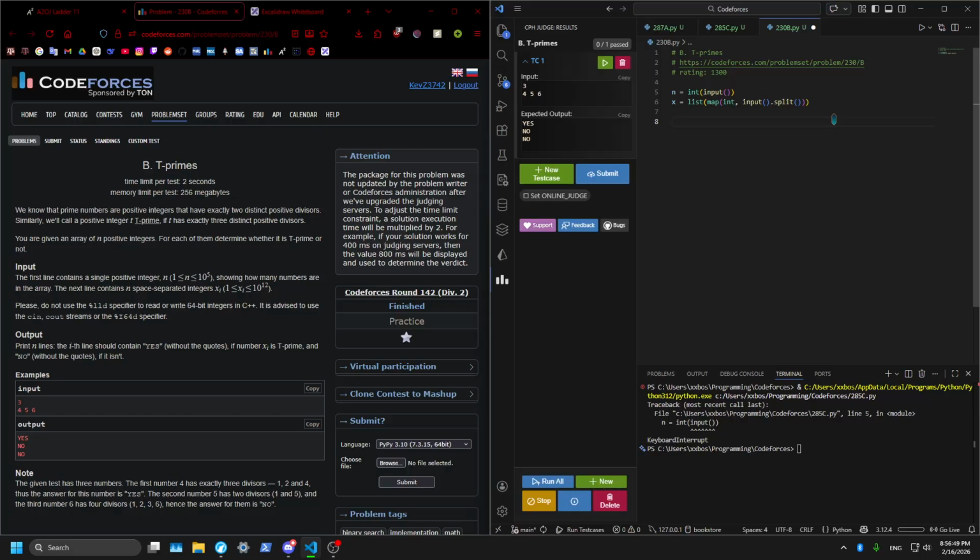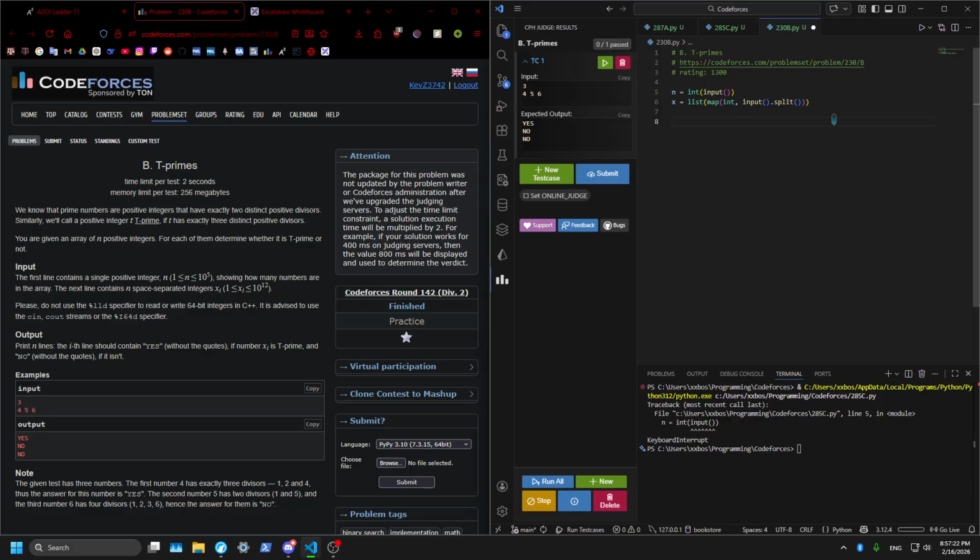Prime numbers are positive integers that have exactly 2 distinct positive divisors. We call a positive integer t prime if t has exactly 3 distinct positive divisors. You are given an array of n positive integers. For each of them, determine whether it's t prime or not. Print n lines.